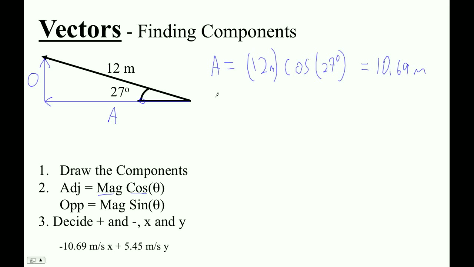Then the opposite side, I expect the opposite side to not be quite as long, because that's a small angle there. It's less than 45 degrees, so therefore it is an adorable angle. So 12 meters sine 27 degrees. So 12 sine 27 is 5.45.